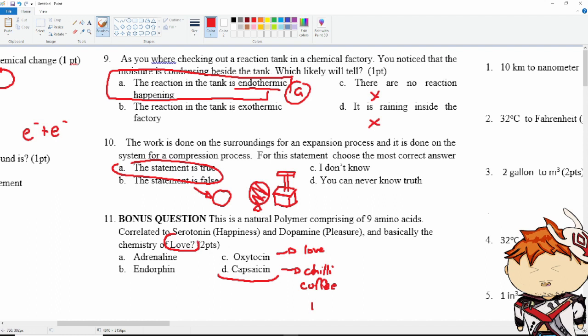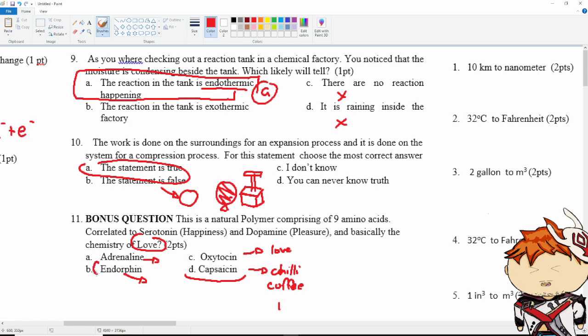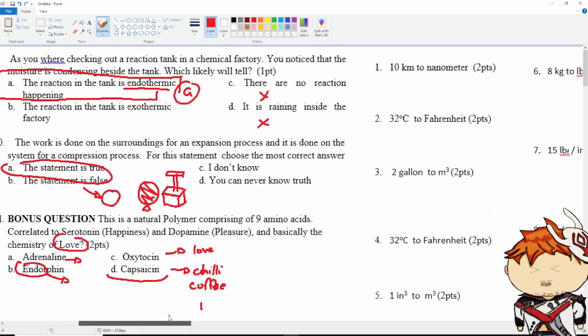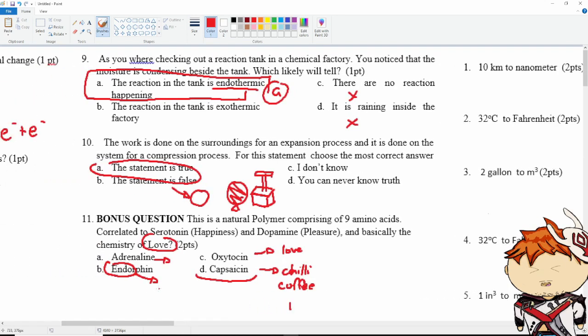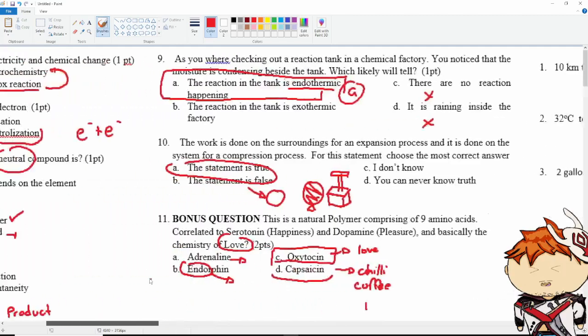Adrenaline is fight or flight, the reaction of, oh, I must survive, I must run. Endorphin, testosterone, estrogen, I don't know. That's my guess. So I know it's oxytocin. Okay, that's the answer.